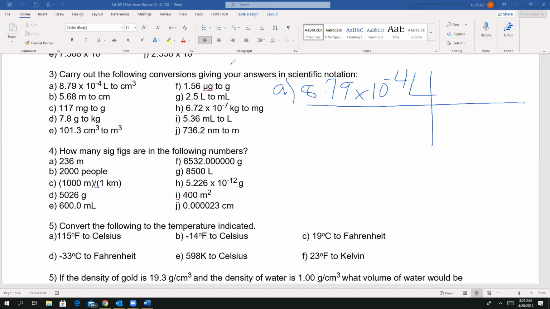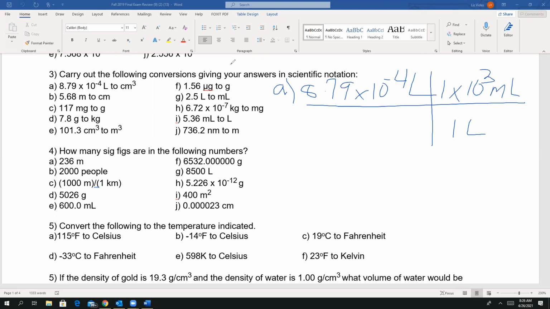Okay, so a liter, number goes down here. And if you're looking at the ladder, like I remember showing you, you're going from liter to milliliters. So that is 3 spots going down. So it's positive.